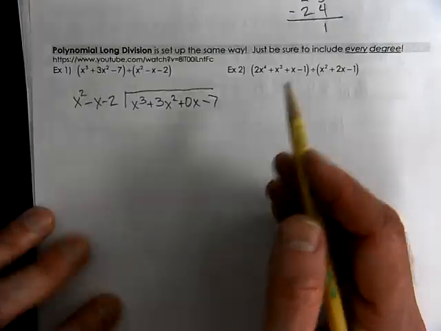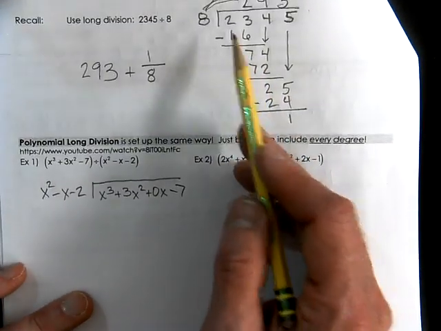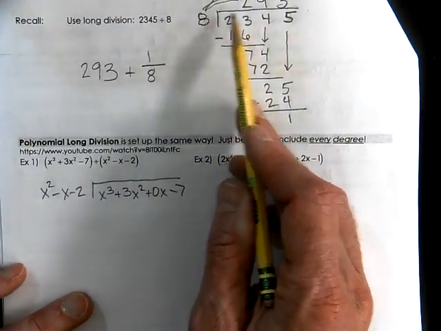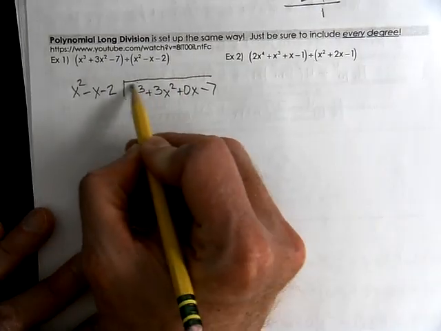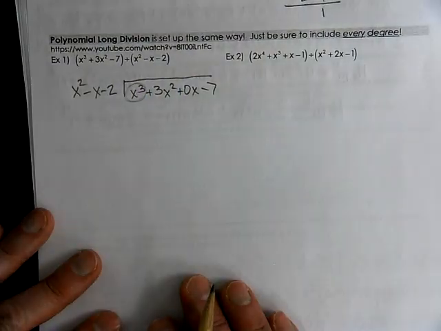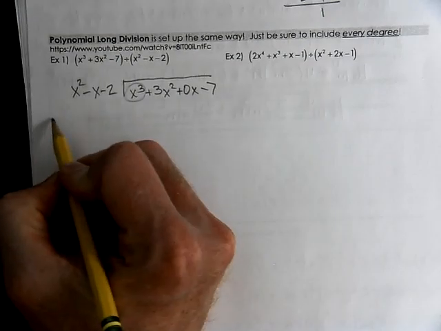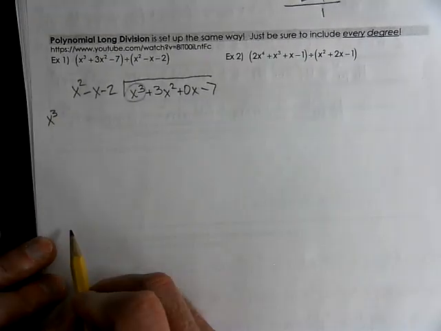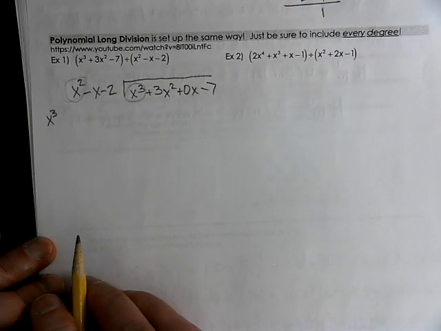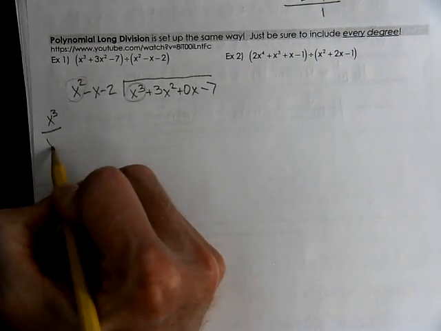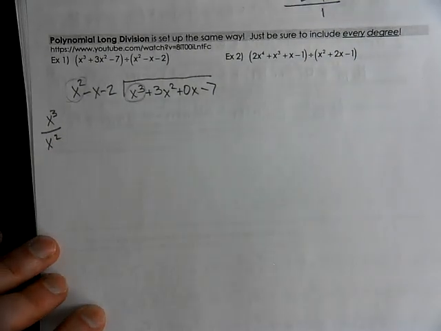So now, before, when we were up here, we were looking to see what 8 goes into in here. Well, we do the same thing. We take the largest term, which is x cubed. We take our largest term here, which is x squared, and we divide those.